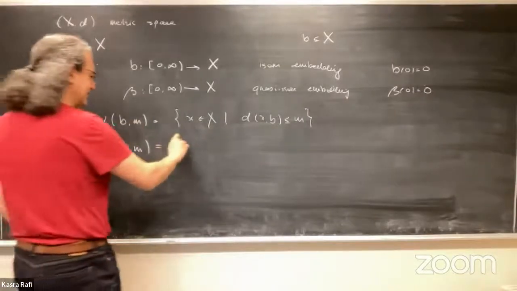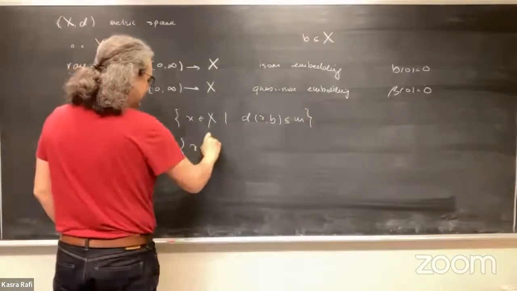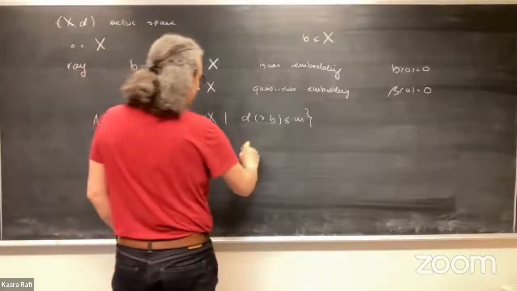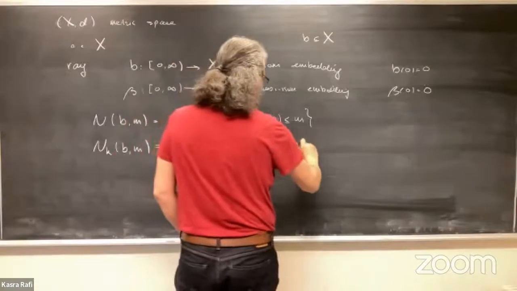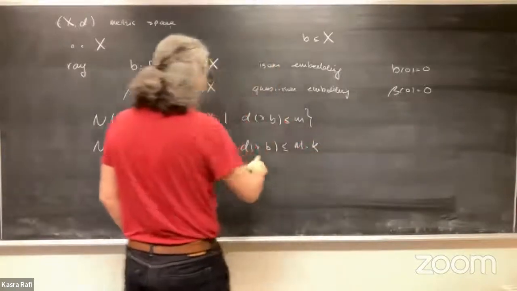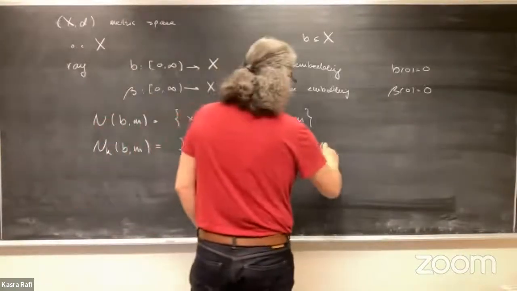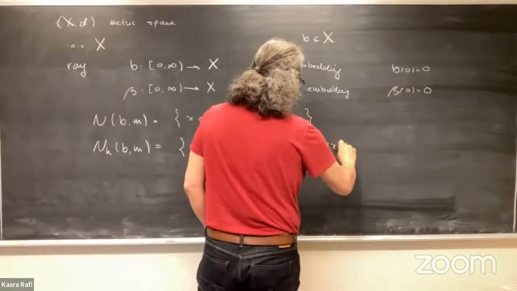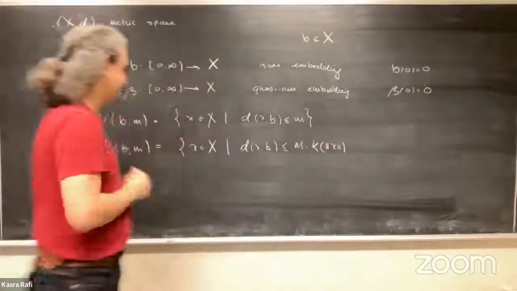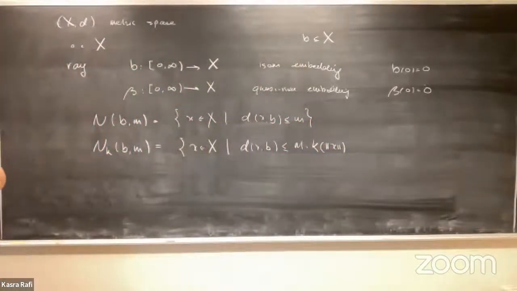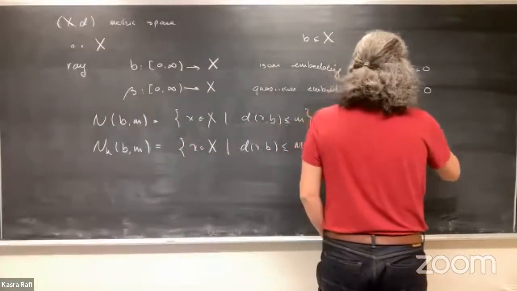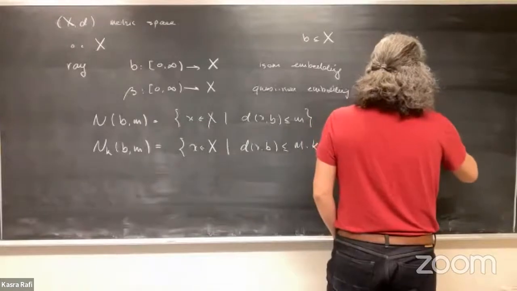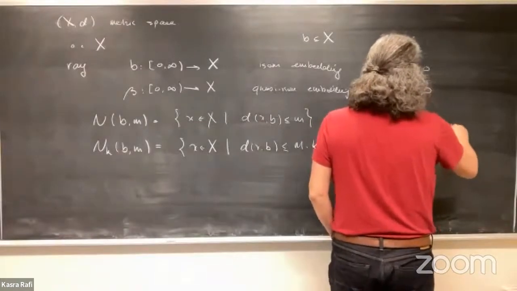So you get the same kind of thing: x in X where the distance between x and b is less than or equal to M times kappa, but kappa of what? Kappa of the norm of x. Let's recall the norm of x is the distance between the origin and the point x.